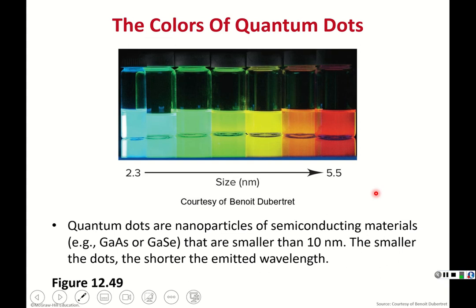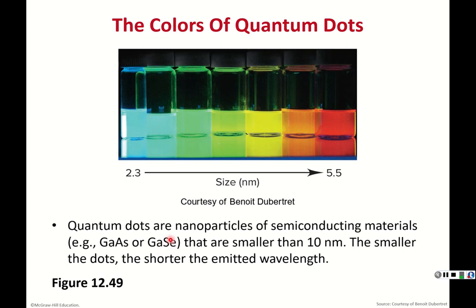Okay, the final thing we'll talk about here are quantum dots. Quantum dots are nanoparticles, but they're of semiconducting materials, in particular gallium arsenide or gallium selenide.